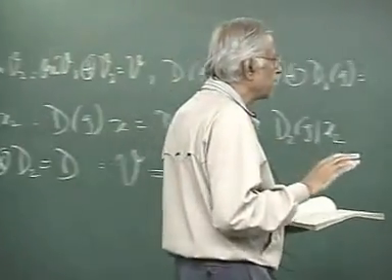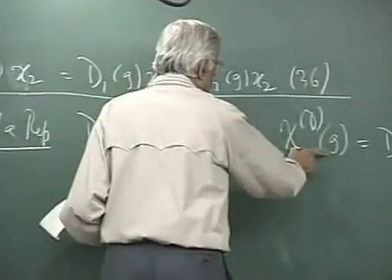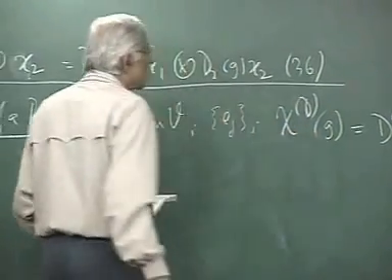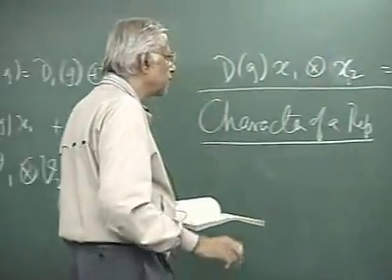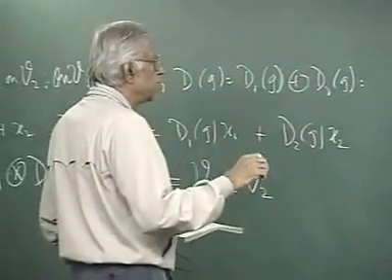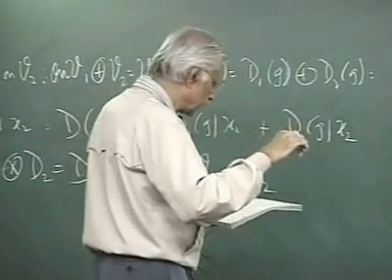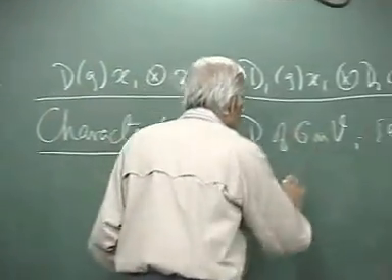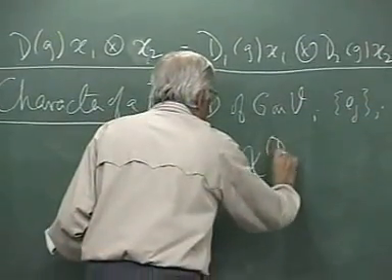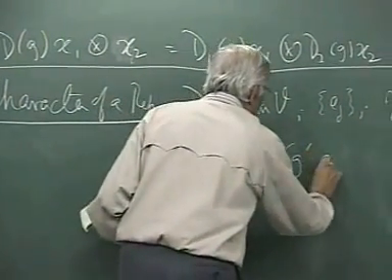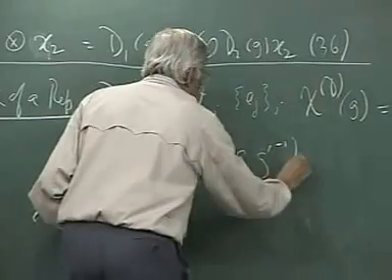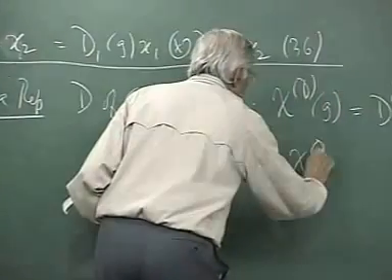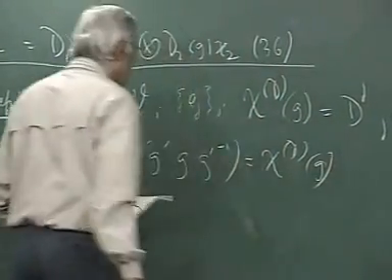It is in general a function on the group which takes complex values. In general, for each G, the character has a complex value at that point. But it has some special property. It is constant over each equivalence class. Why is this true?